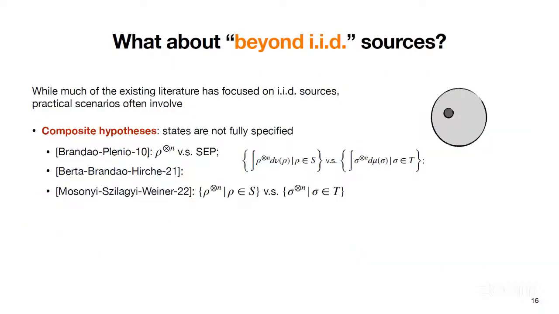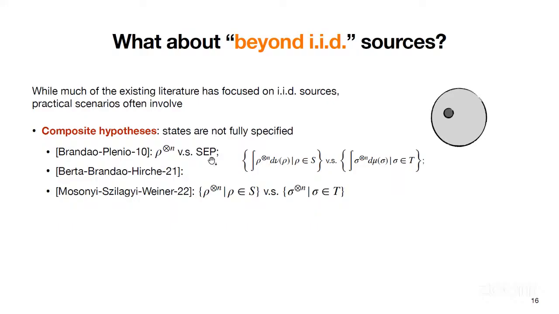And now we want to study the scenario that is beyond IID. So sometimes in practical scenarios, the description that we have from the box is not a single quantum state, but a set of quantum states. So here this is referred to as composite hypothesis. For example, in Brandao and Plenio's generalized Stein's lemma setting, they're comparing rho tensor n with the set of all separable states, which is a set.